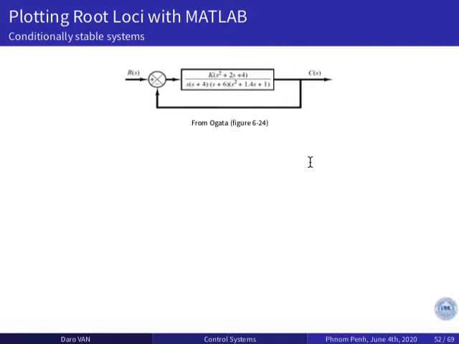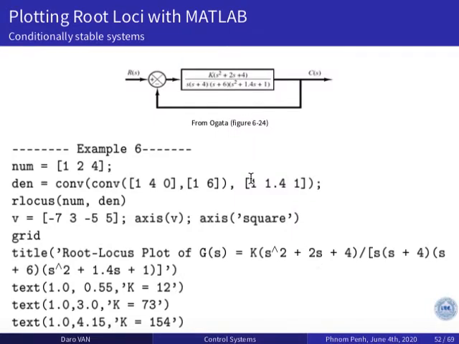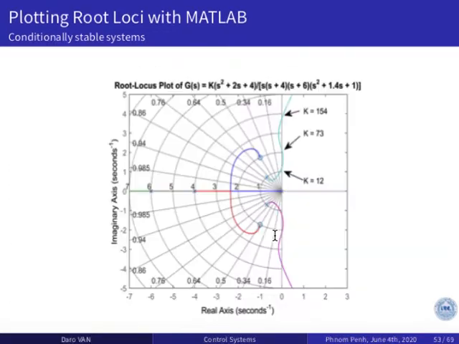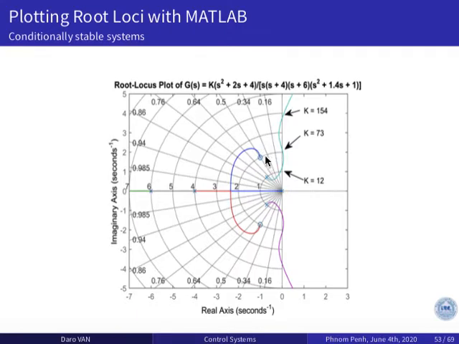For example, consider this system. You can plot the root locus using these functions, and you will see this. You can see this root locus comes to the right half plane as well.